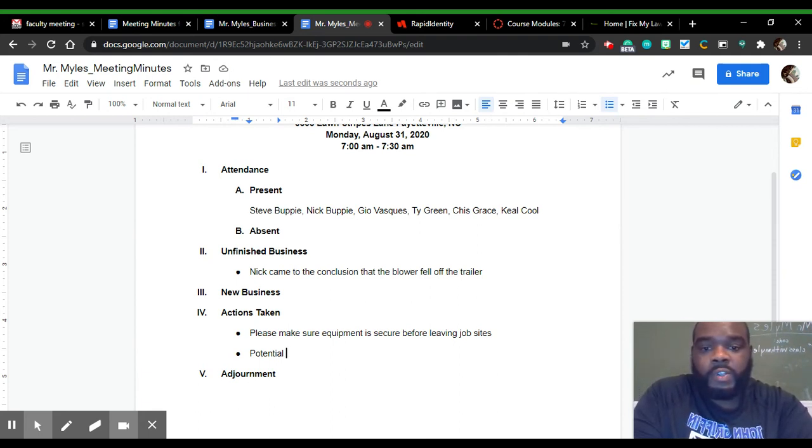So the individuals that were present on that day when the blower got lost, they're going to receive some kind of payroll deduction. This should motivate them to secure the equipment before driving away from the job sites, knowing that they're going to have to pay for that equipment if it gets lost. All right, so that's the actions taken.